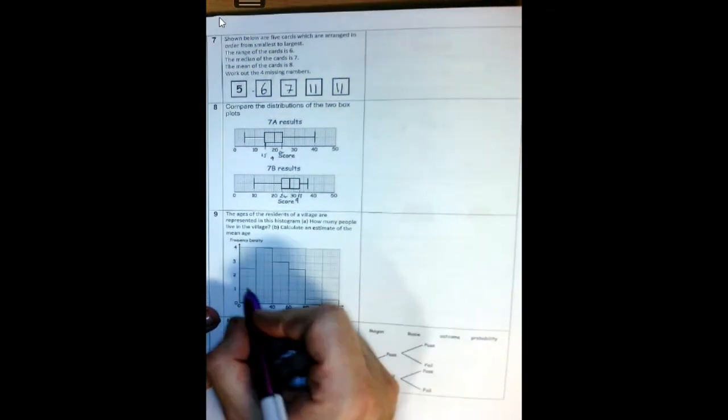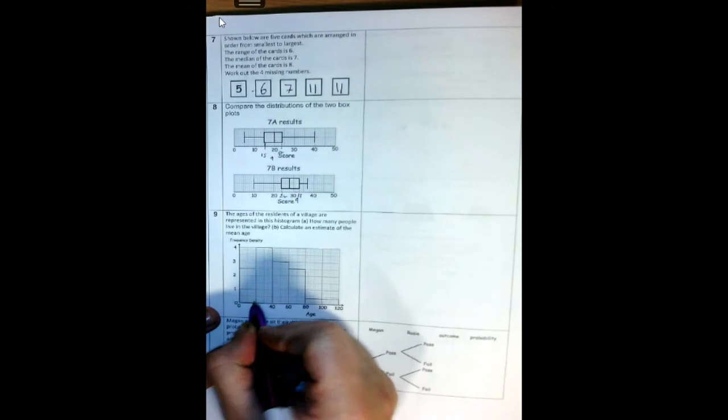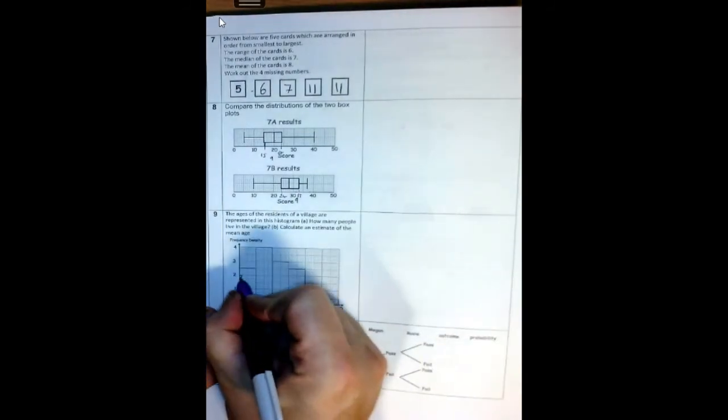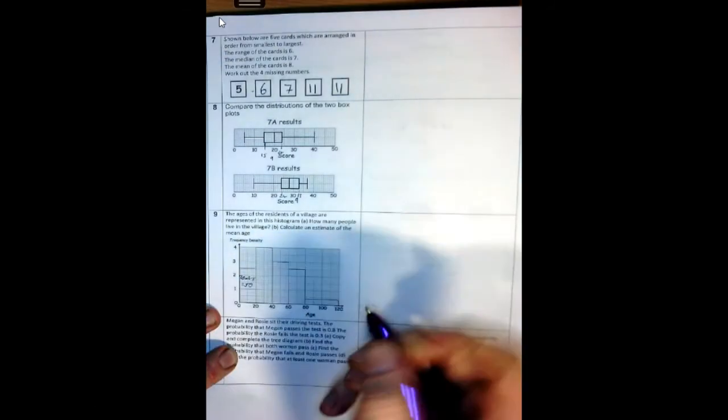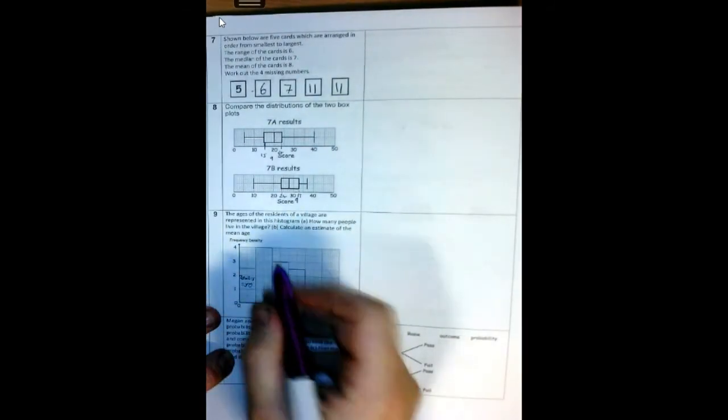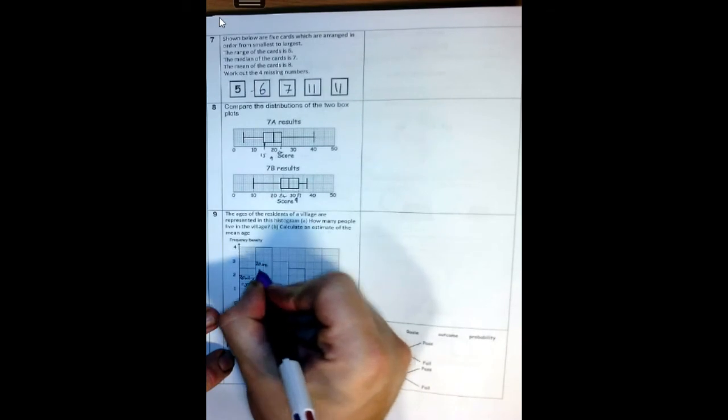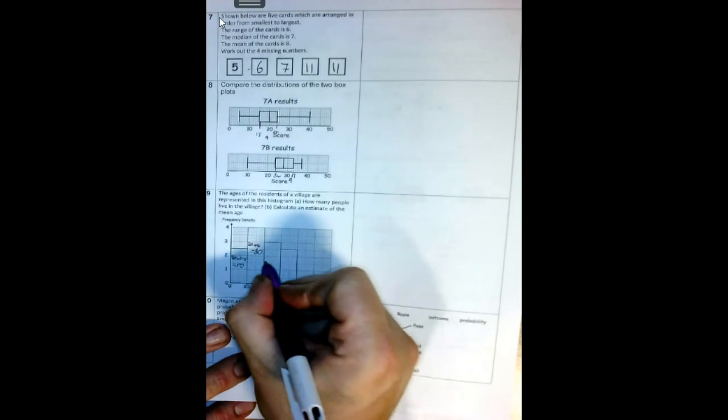Okay. Remember, with a histogram, the area is the frequency. This is 20 wide and 2.5 high. 20 times 2.5 is 50. This is 20 wide and 4 high. 20 times 4 is 80.